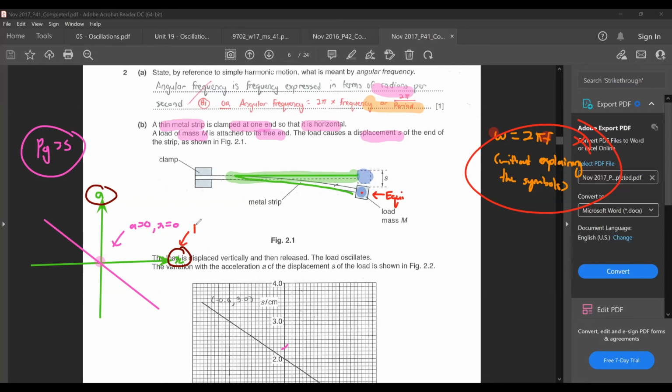The displacement we were always interested in was displacement from equilibrium. But this displacement is actually displacement from the unloaded position. While they've been using the term displacement here, we are not interested in the displacement from the unloaded position. What we are really interested in is the displacement from equilibrium.